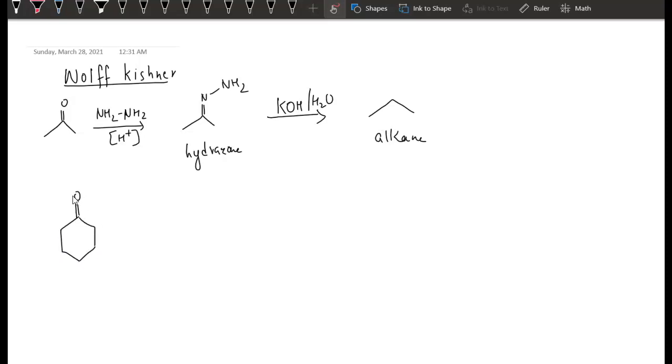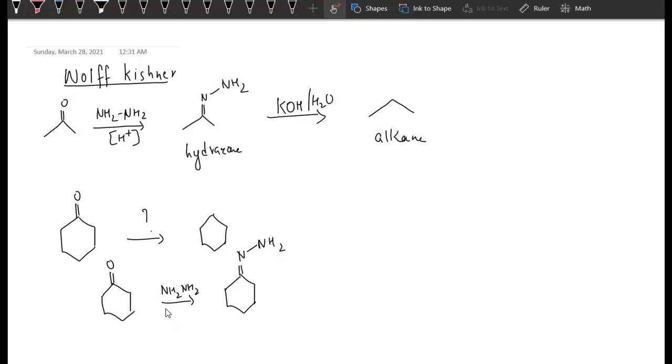So if you have something like this and you want to convert it into this, right? If I ask you what the reagents would be, you can say that first you can convert this ketone to a hydrazone. Okay, so you put NH2, and for that what will you need? You will need hydrazine, right?